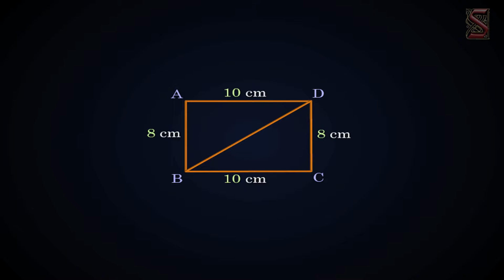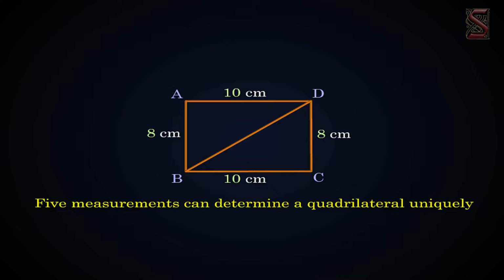That is, there is no other quadrilateral with the given lengths of sides possible now. Thus we observe that 5 measurements can determine a quadrilateral uniquely.